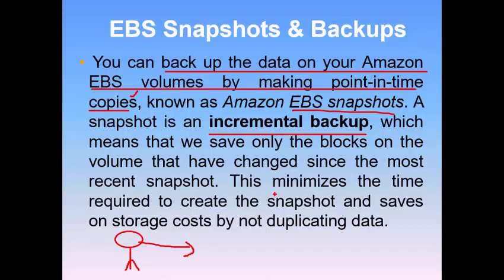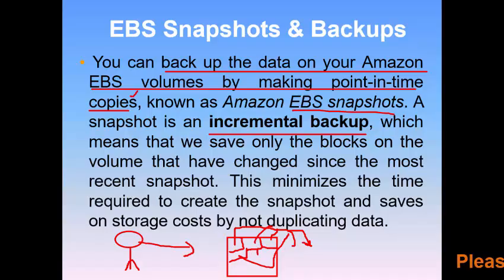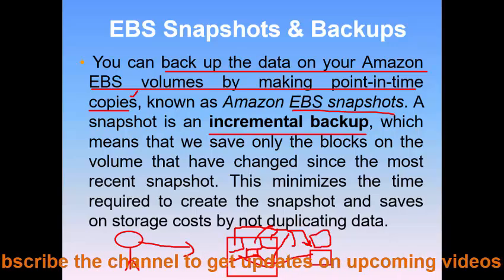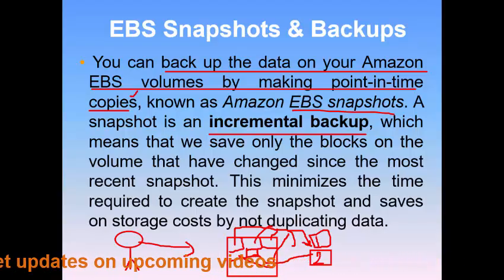Suppose in this volume there are 4 blocks. So first time it will take the backup of all 4. But after that, if some change comes here, it only takes the backup of that, not the entire volume.